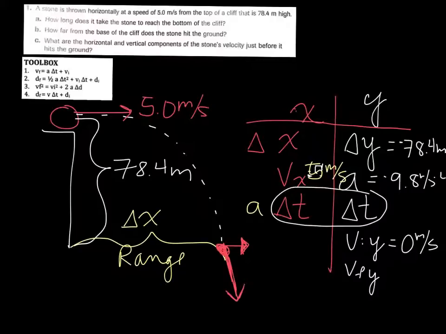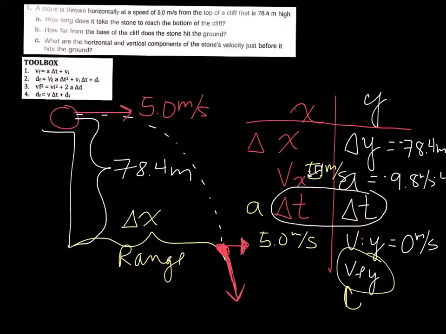That is still going to be 5 meters per second, because we know that it's not accelerating in the x direction at all. So the only thing that we actually need to calculate is our final velocity in the y direction.